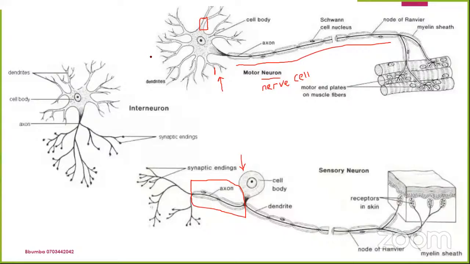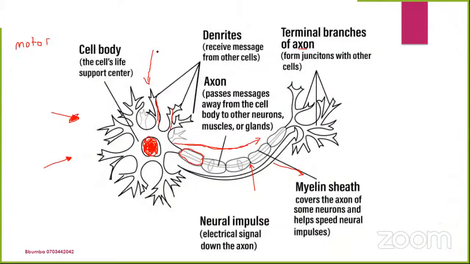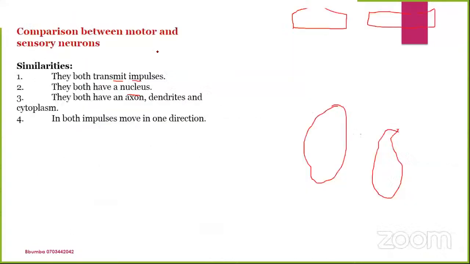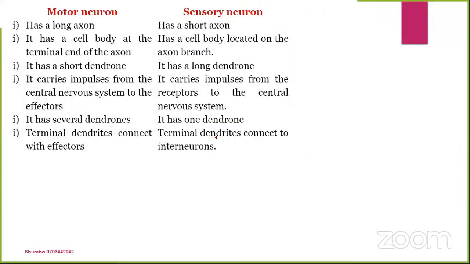Okay, thank you very much. Thank you, you guys, for all your contributions. Actually, what you have given us is correct. Those are the differences in summary between motor neuron and sensory neuron.